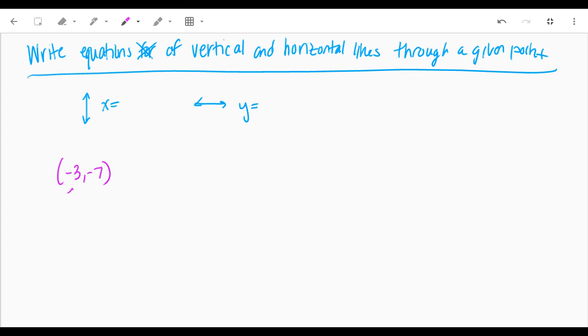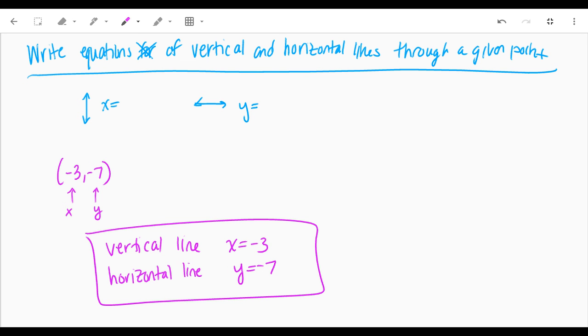That's it. So this is x, this is y. So your vertical line is going to be x equals -3. Your horizontal line is going to be y equals -7. Done. That's it.